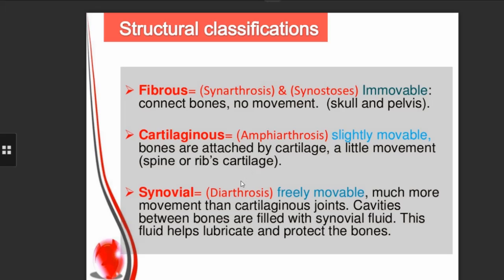Third one is the synovial, diarthrosis. Diarthrosis means freely movable. There is much more movement than a cartilaginous joint and fibrous joint. Cavities between bones are filled with synovial fluid. It provides lubrication and it protects the bone.